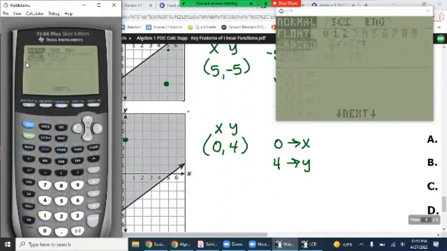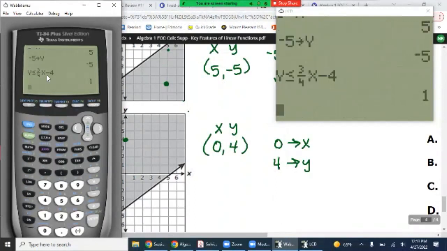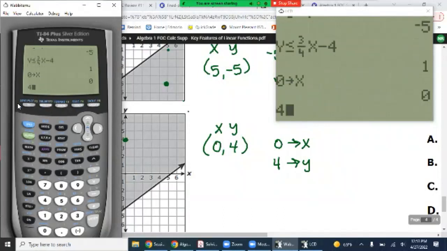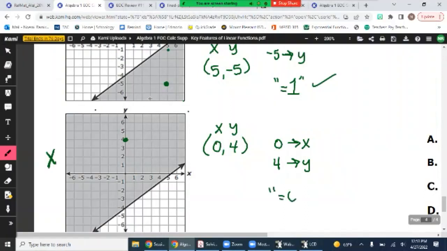Oops, second quit, my bad. Okay, 0 store X, 4 store Y. I don't want to type that inequality again because it takes long. And there's my 0. A 0 means wrong answer.